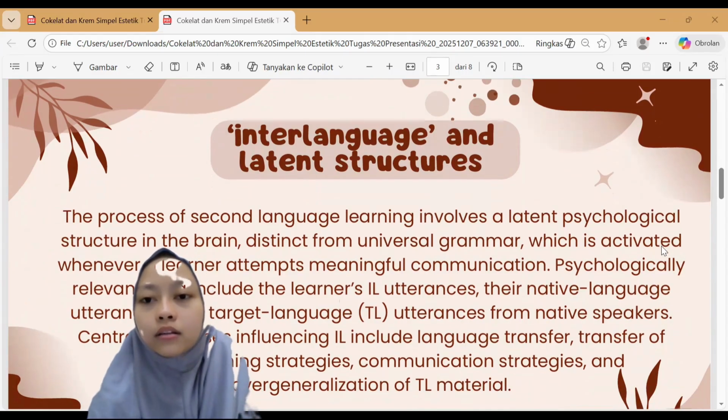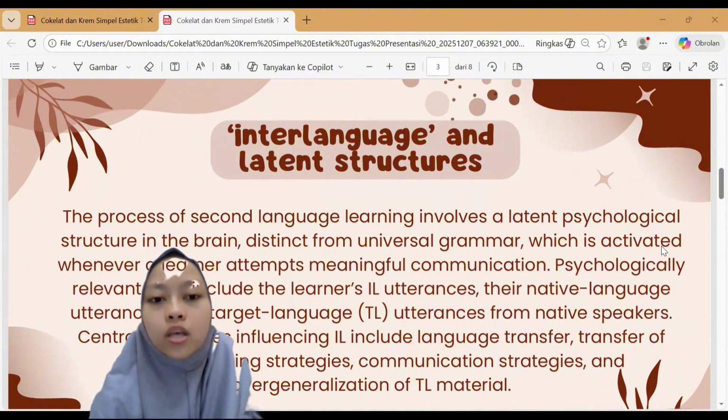And then here, interlanguage and latent structures. The process of second language learning involves a latent psychological structure in the brain, distinct from universal grammar, which is activated whenever a learner attempts meaningful communication.